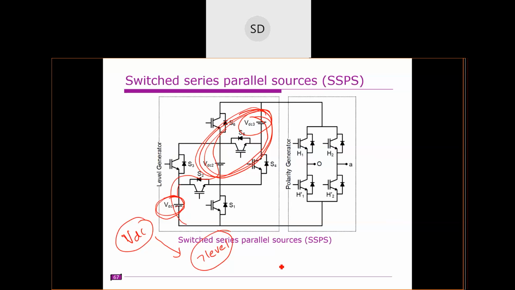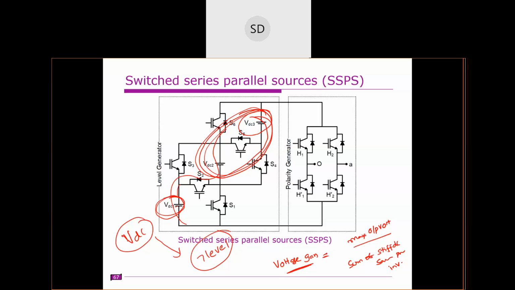So from this, we can define voltage gain. Especially when DC sources and capacitors are involved, we can define voltage gain. Voltage gain is defined as the maximum output voltage by the sum of the stiff DC sources present in the inverter.